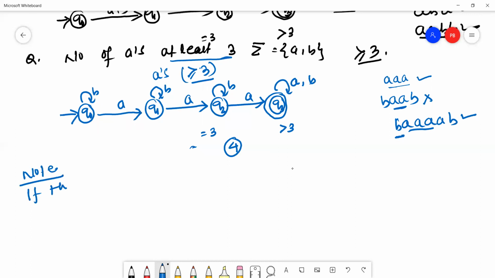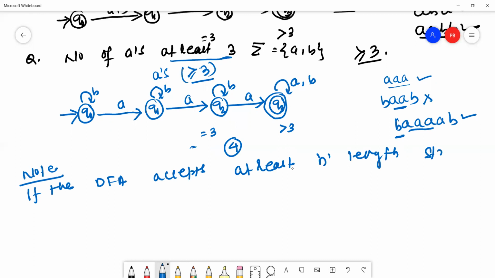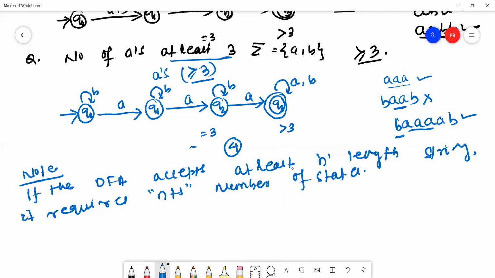If the DFA accepts strings of at least n length, it requires n plus 1 number of states.